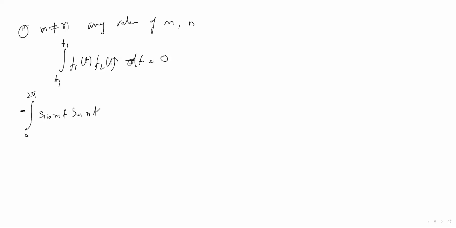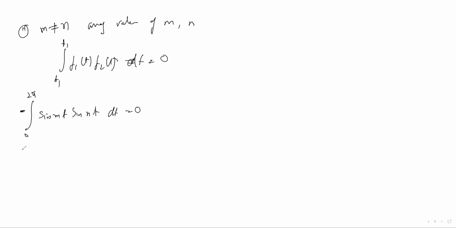Then what we should do: we know that two signals are orthogonal when the integral from t1 to t2 of f1(t) f2(t) dt equals 0. Here, since it is a periodic signal, let us take 2 pi as the period, and take the integral of sin mt sin nt dt equal to 0.